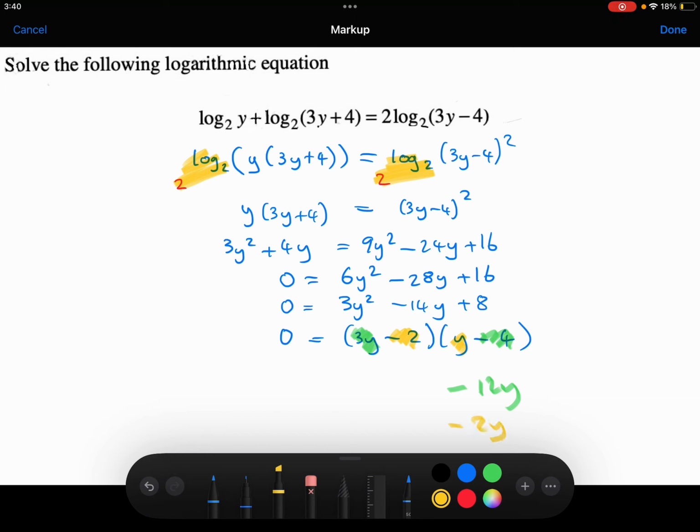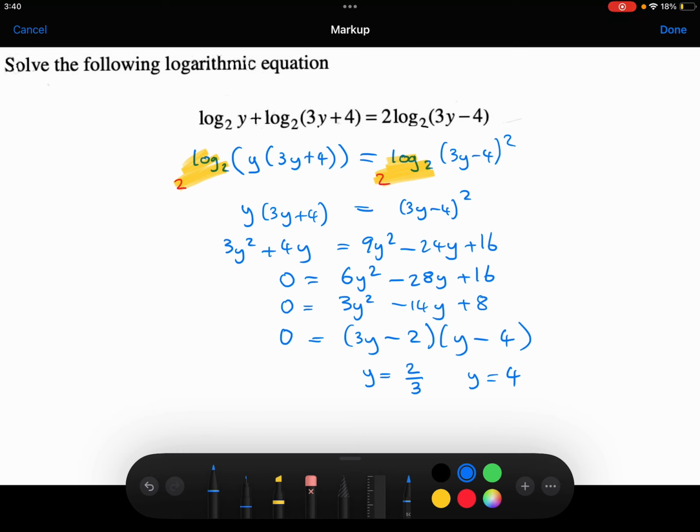And we can see the minus 12y and the minus 2y do give me the minus 14y. So that has been factorised correctly, which allows me to see that my solutions for y are either that it's equal to 2/3 or 4.